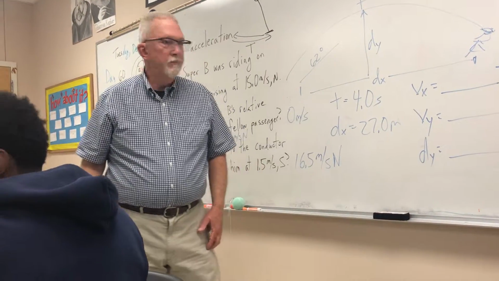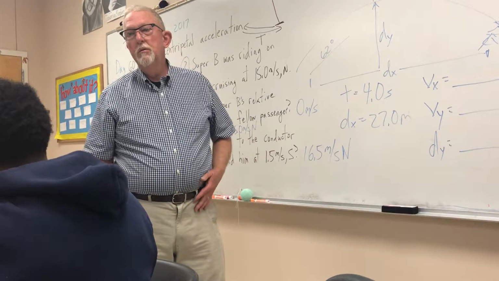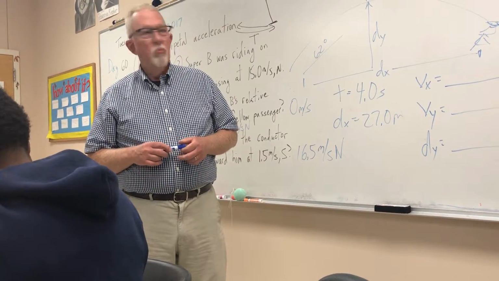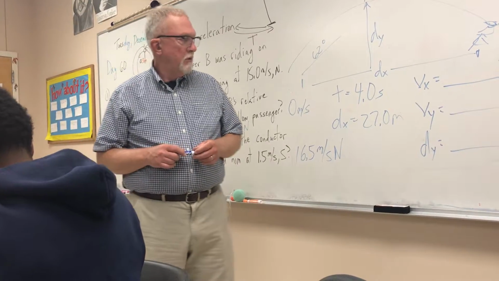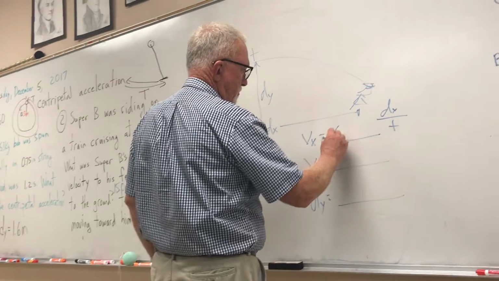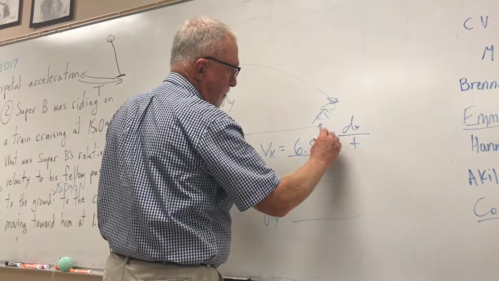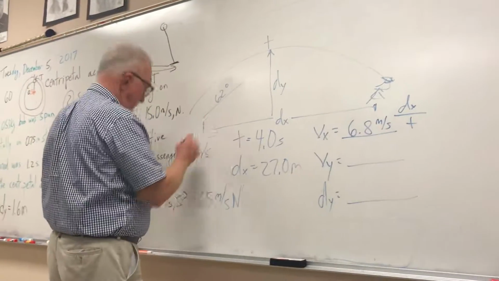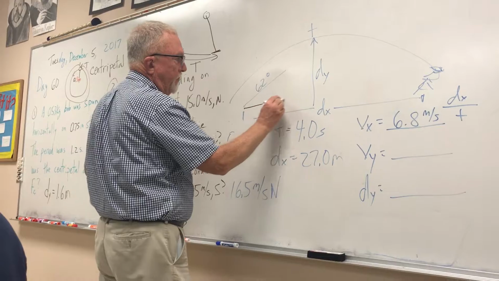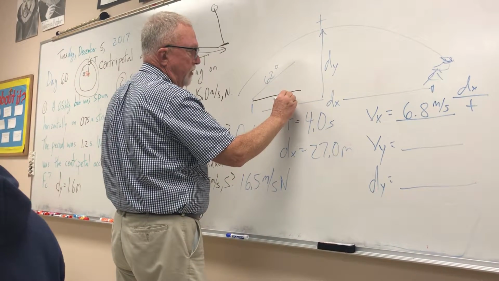Hannah, what'd you get? Call it 6.8 because we have 2 figures. Okay, so this component of the pass, Vx, is 6.8 meters per second.